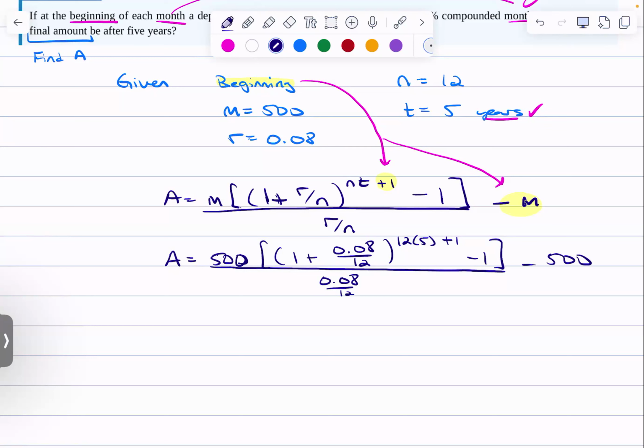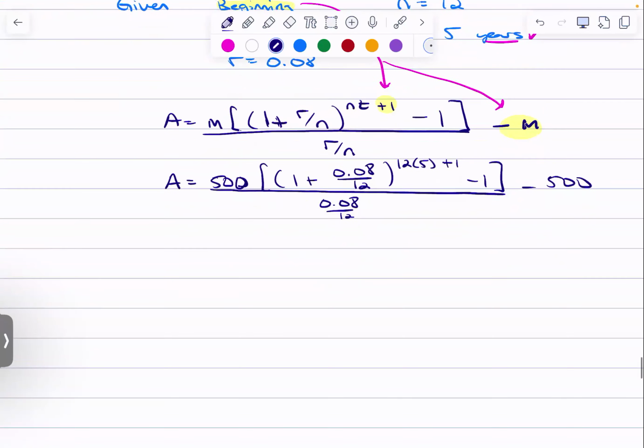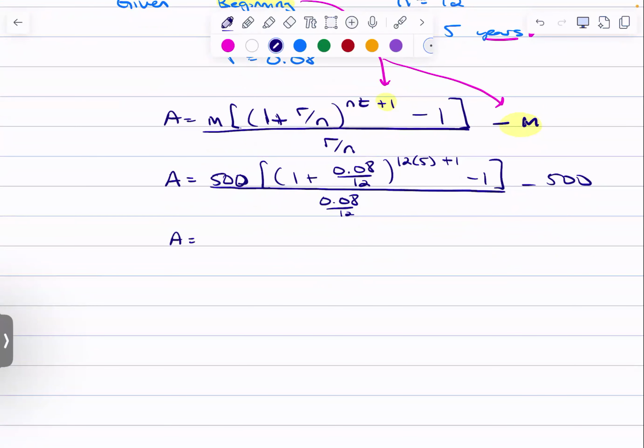Let's see, 0.08 divided by 12. It's the same bad one. Fine. I'm going to store it in A, even though it's already stored in A, probably from before.